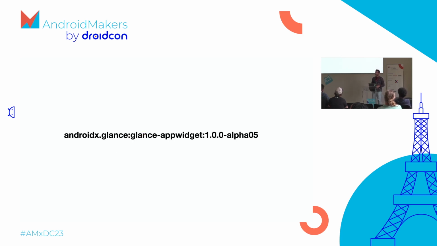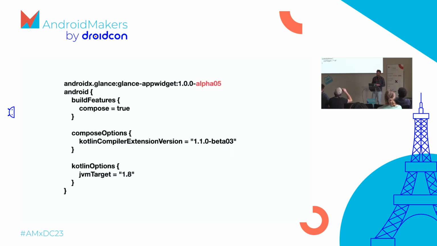Currently, Glance is in Alpha 5, and it's not going very fast, I would say. It started as Alpha 1 in December 21, and the current version was introduced in October 22. So it's going slowly, but I wanted to say that in my opinion, it's okay to use it in production, and I will tell you why during this presentation.